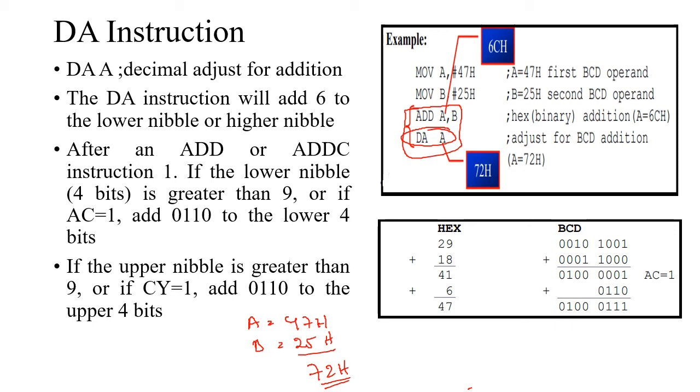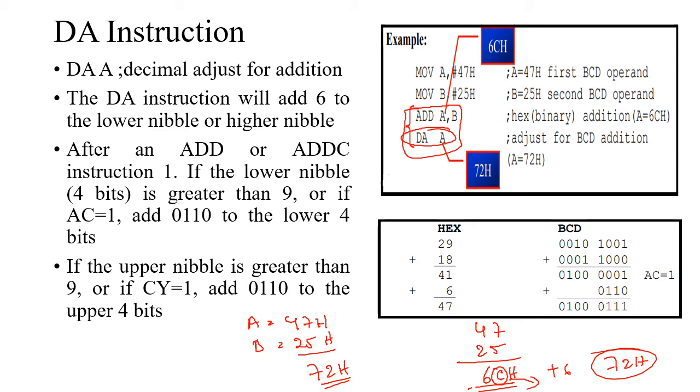But if we do it manually, the result we get is a non-BCD number, that is 6CH. So this C has to be converted to a BCD number just by adding 6. So the result we get is 72H when we do a manual computation.